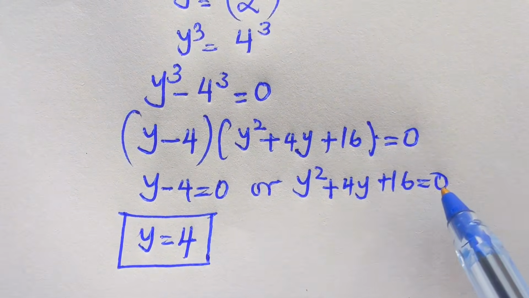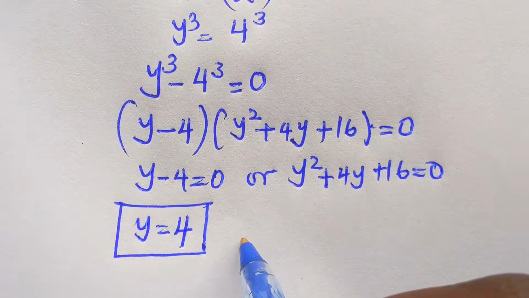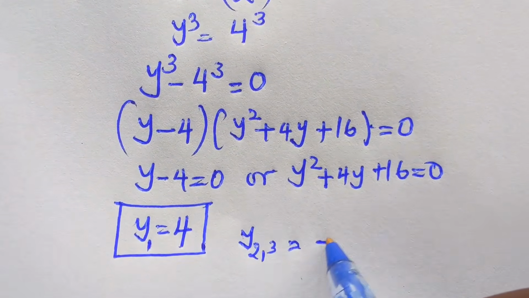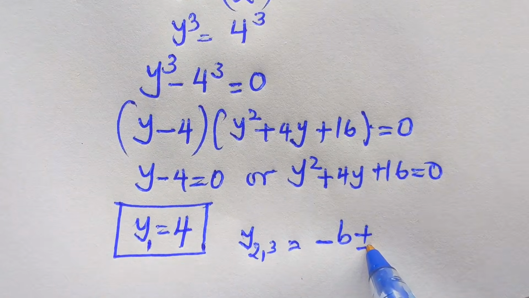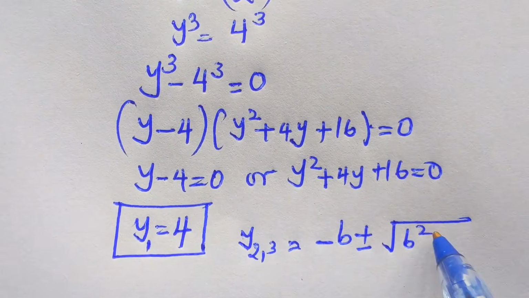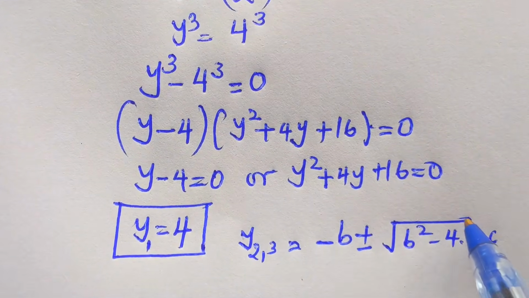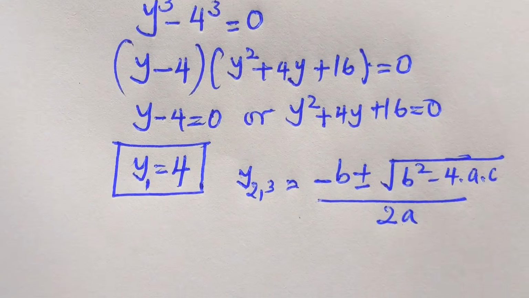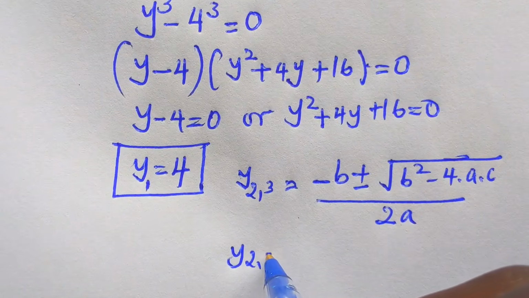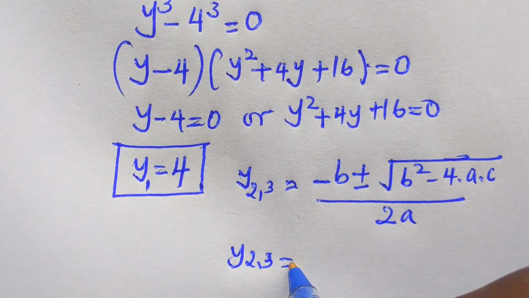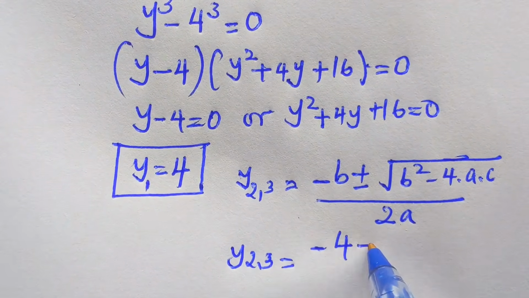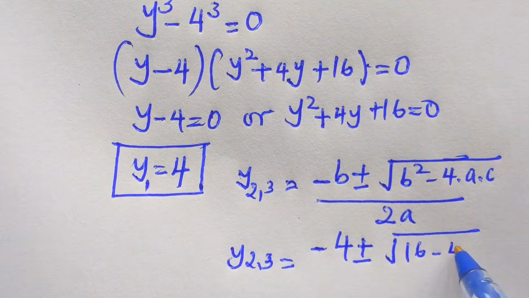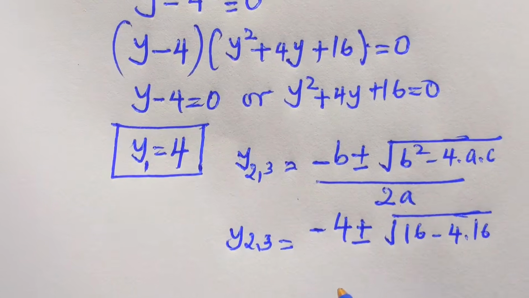And this is a quadratic equation that we are going to use to find y2 and y3, because this is y1, which equals negative b plus or minus the square root of b squared minus 4 times a times c, over 2a. y2 and 3 will be negative 4 plus or minus the square root of 16 minus 4 times 16, over 2.